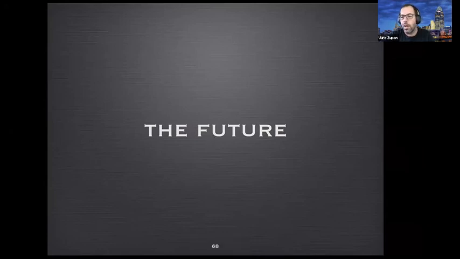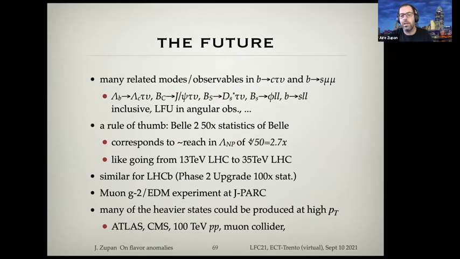I'm a bit over time, so I have 3 slides about the future. I won't really go into too much detail. The main thing is that there are many measurements that you can do. There are sort of 2 types.